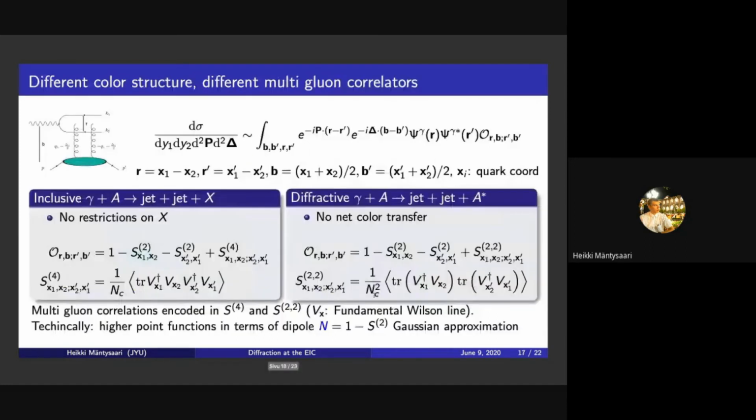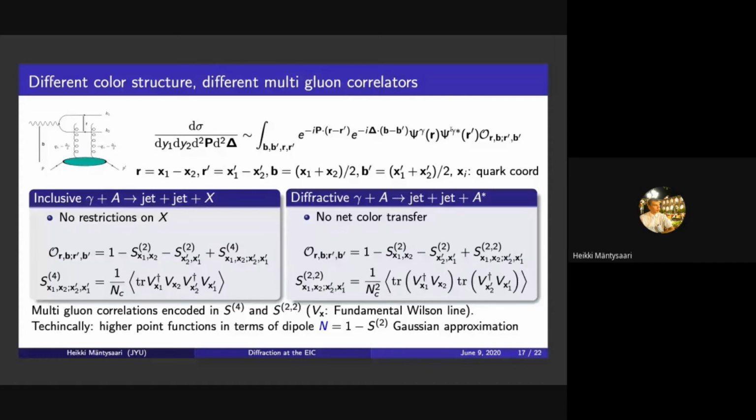This is a rather busy slide given the time I have left, but the message is actually quite simple. If I calculate dijet production, what I have again is the wave function, now only for the photon to dipole splitting. I don't need to model how the vector meson is formed.